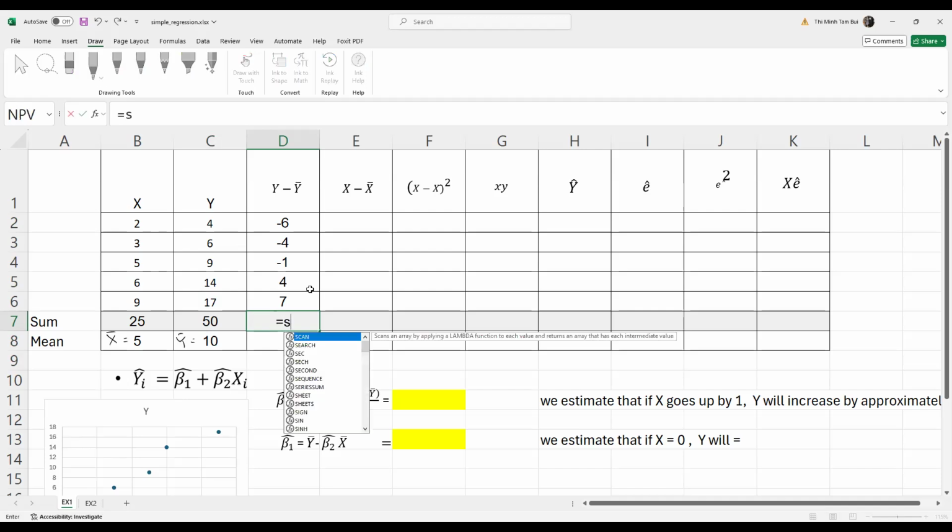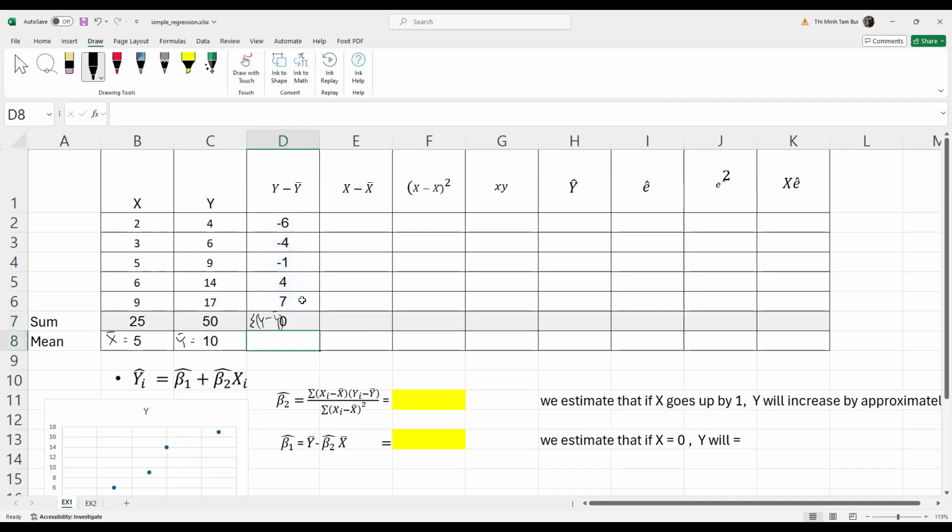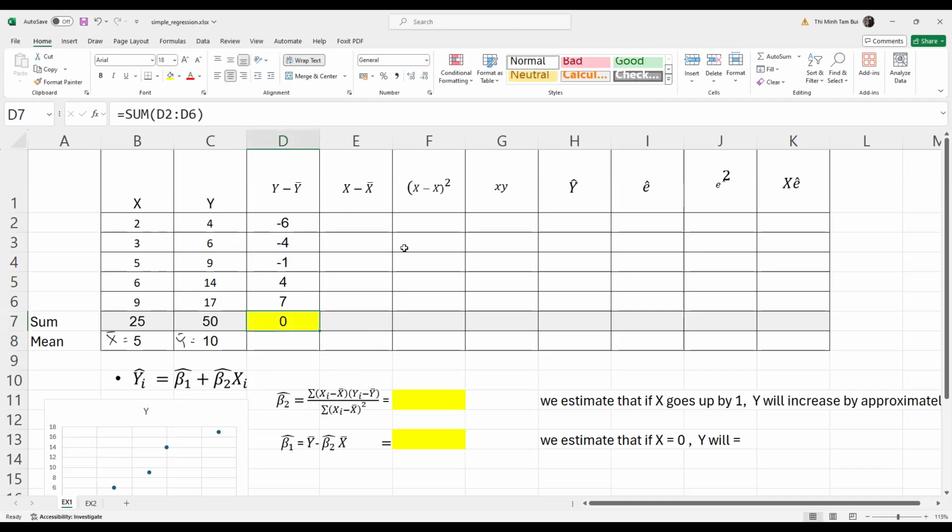So equal sum of all the data becomes 0. Okay, so the first knowledge that you have to know is that sigma y minus y bar is always 0. If you use any data minus the average and sum them all, the value will equal 0.